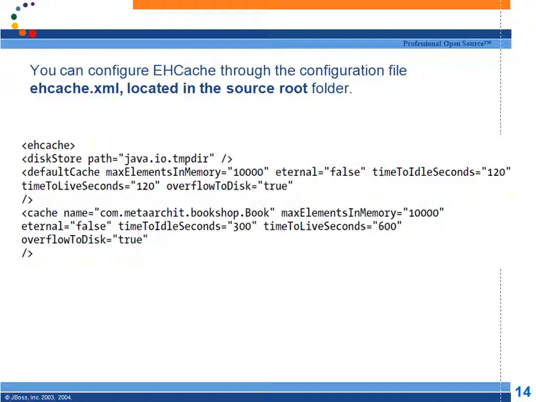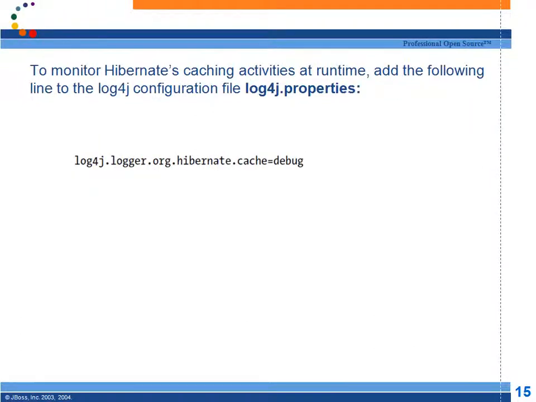Time to live seconds, the maximum seconds before the cache can expire, is 600. Even if it is not idle, the maximum time to live is 600. Overflow to disk true means if memory is not available, it can go to disk also. Like this, we have to configure EHCache, right?